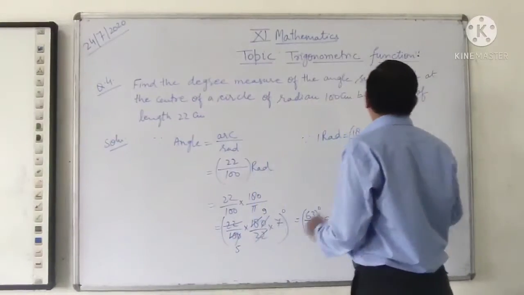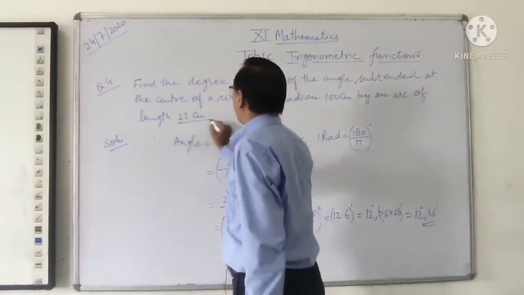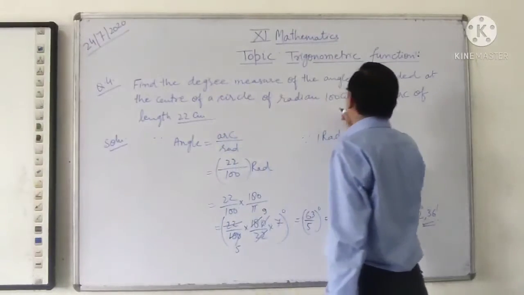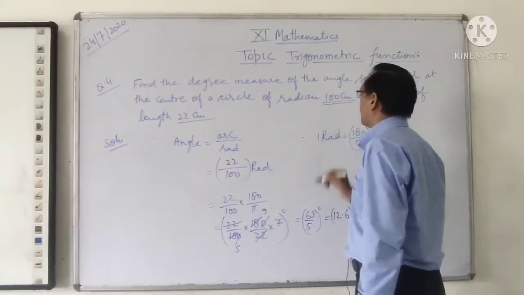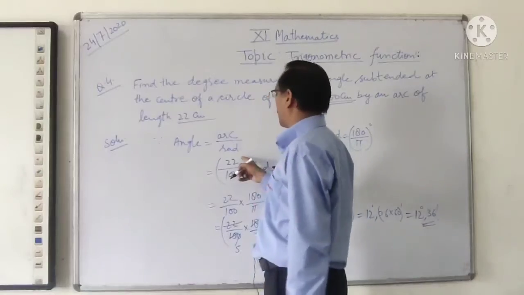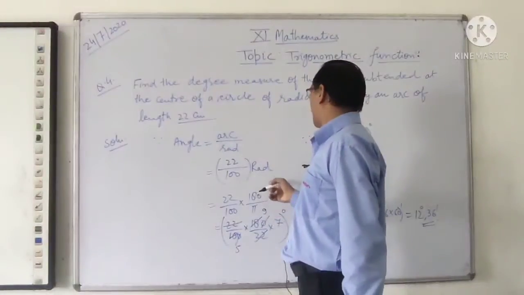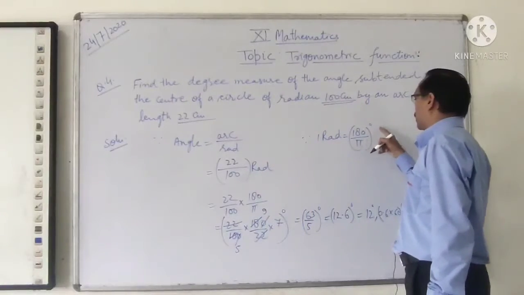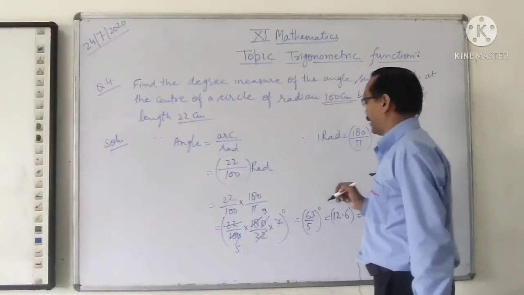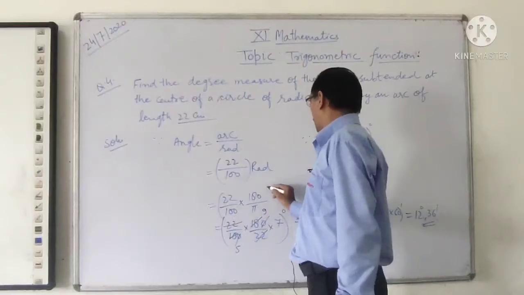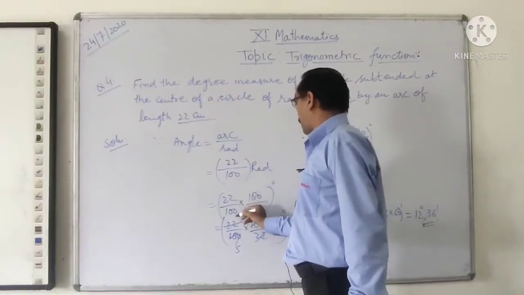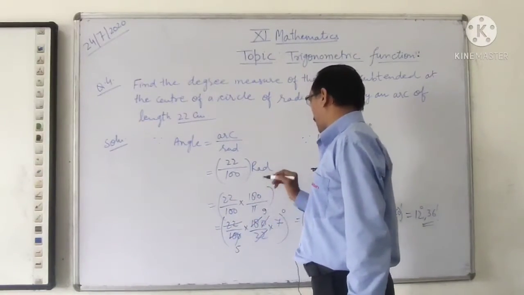Here, the arc measure is 22 centimeter and the radius is 100 centimeter. So it is 22 upon 100 radian. Now we will write 1 radian equals 180 degree upon pi, so it is 22 upon 100 into 180 degree upon pi.